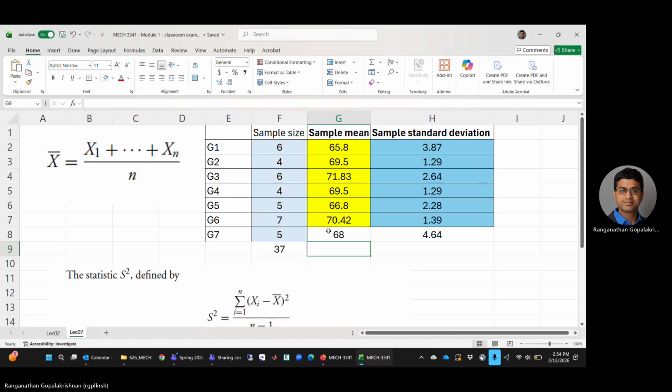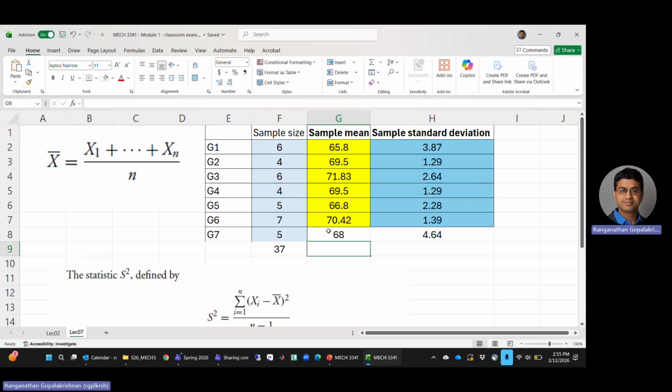Agree? It just depends on who you interview that day or what you sample that day, you will get a value. And so is the sample standard deviation. It also follows a pattern which you can't possibly predict because it seems random.